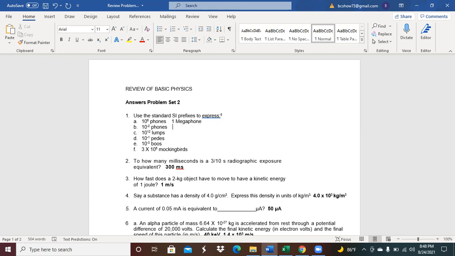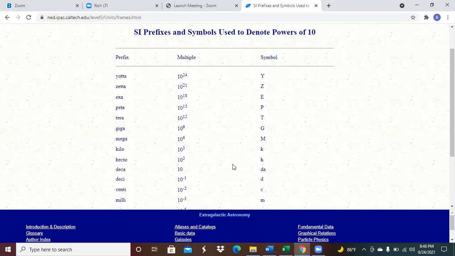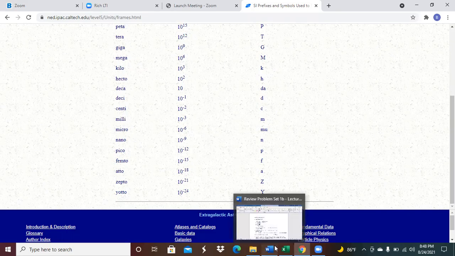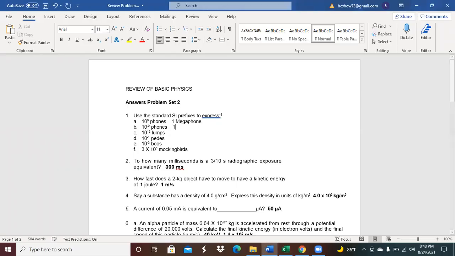That's what it's there for. So 10 to the minus 2 phones, what could that match up to? Well, looky here. That matches up to the prefix centi. So we could have 1 centiphone.